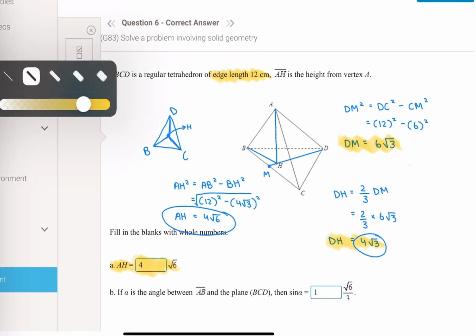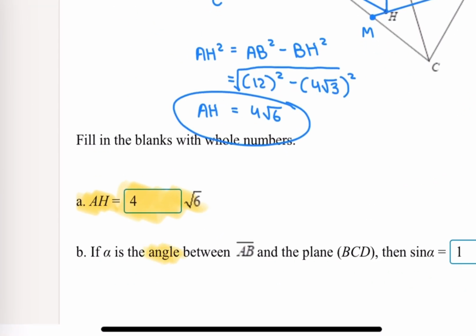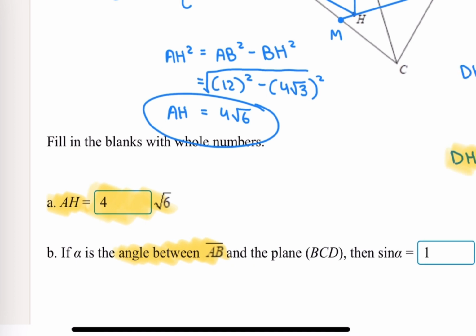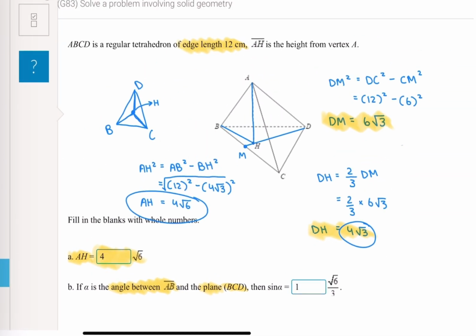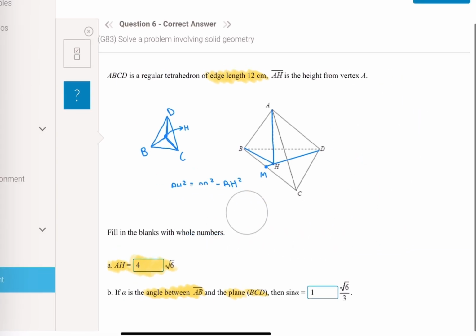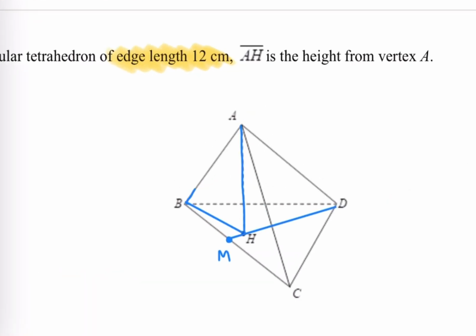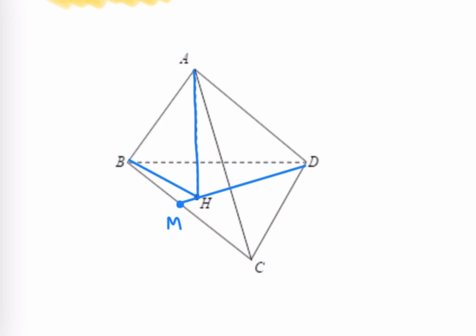Alright, so now in part B, they're asking us to find the angle between AB and the plane BCD. Okay, so I'm going to erase the stuff from the last question. Okay, so the angle between the line AB, which is this line here, and the plane BCD, which is the base.